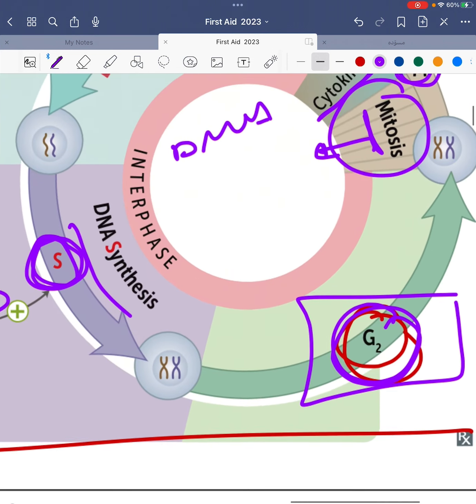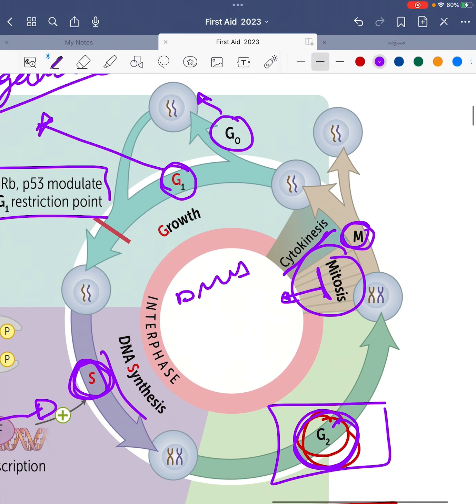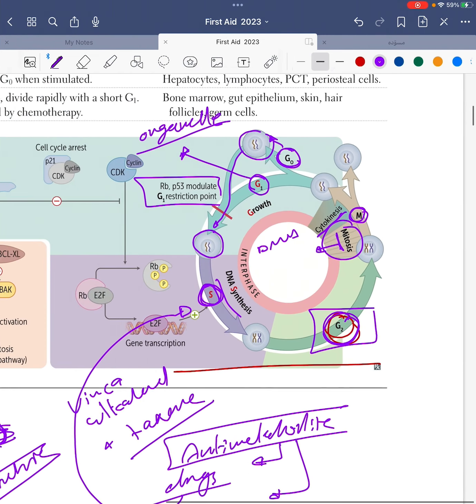So if we take a deeper look, we start over here with the genetic material from one cell, that's the G0. It goes through the G1 to the S phase, and it still has the same genetic material.